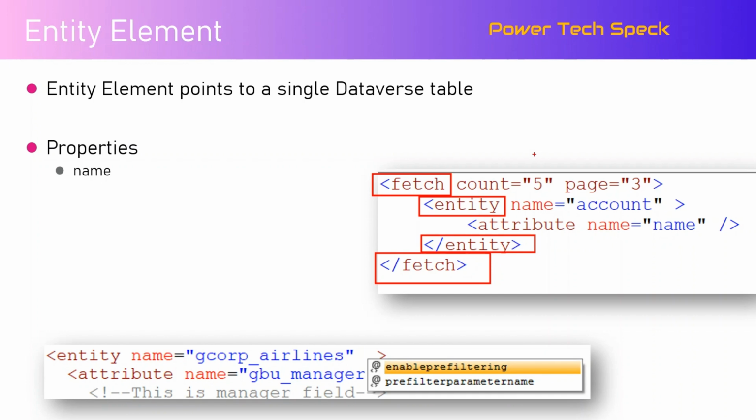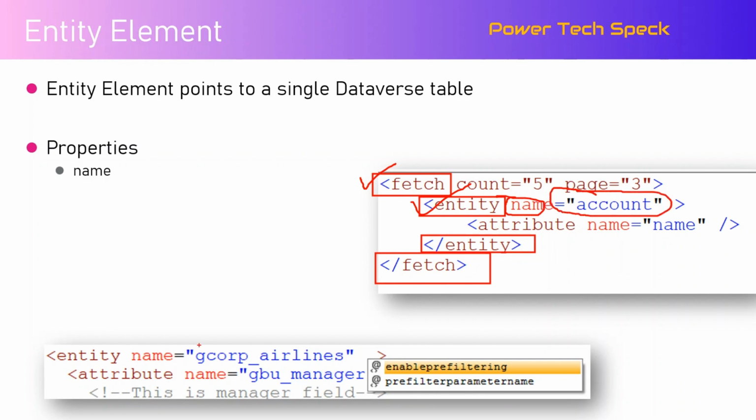Here we have entity name equal to account, and then you can specify the attribute name alternatively. But these two statements are important: fetch and entity. The entity element allows you to specify a property of name, and here you specify the logical name of the table.